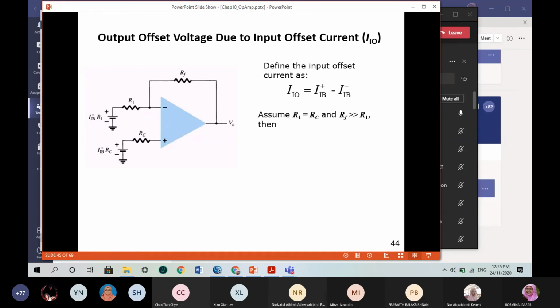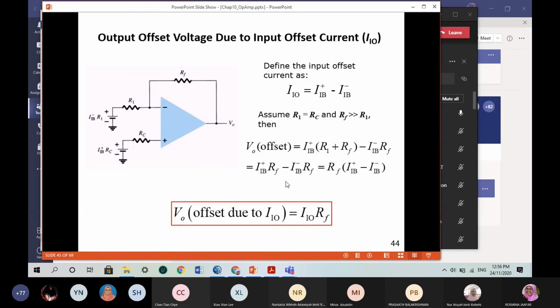If you assume R1 equals RC and RF is far greater than R1, then VO offset is equal to IB plus multiplied by RF minus IB minus multiplied by RF, and this gives you the equation there, so that your VO offset due to IIO is simply the value of IIO multiplied by RF.